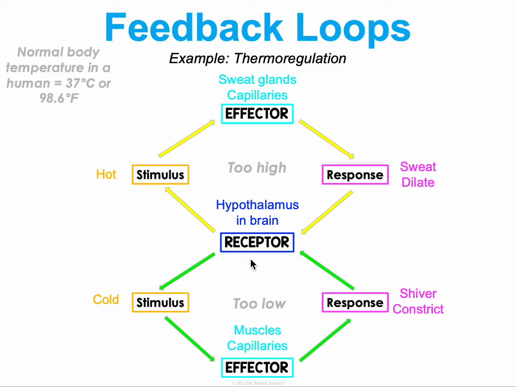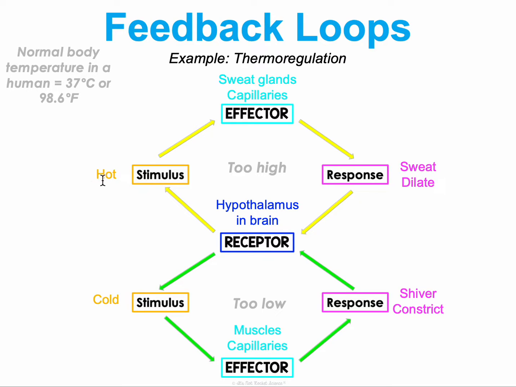Basically, our normal body temperature in a human is going to be 37 degrees Celsius or 98.6 degrees Fahrenheit. And when the temperature in our body is too high, it's going to be this top portion right here. Basically, the hypothalamus in our brain is going to be our receptor organ, which will receive the signal that your body temperature is above its normal range. And this is the stimulus.